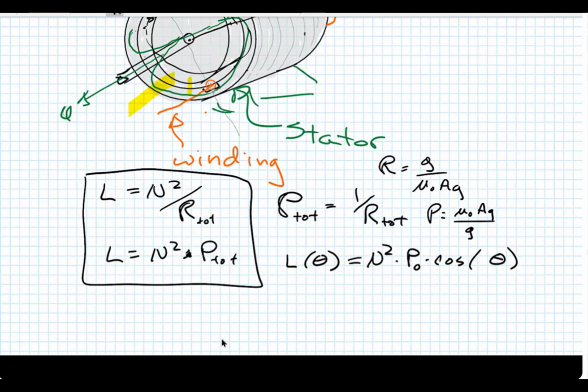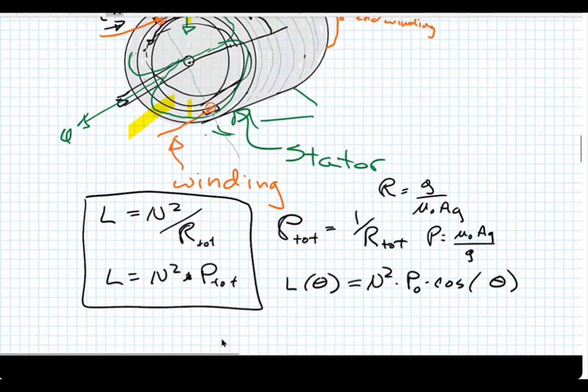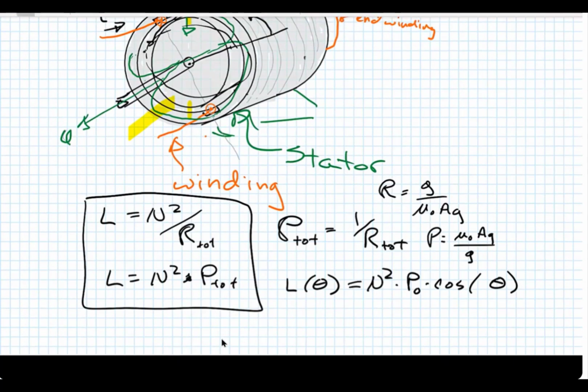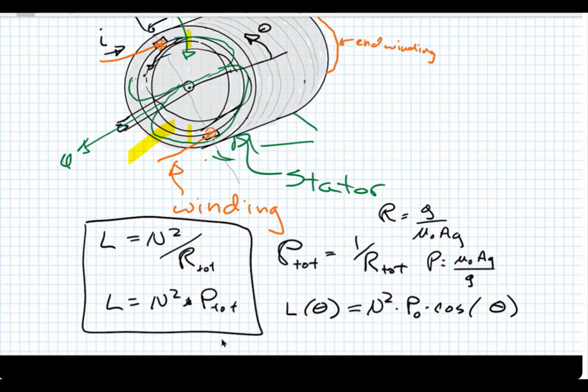Now how many times do you think, just looking at this thing, over 360 degrees, I'm going to see a maximum permeance and a minimum permeance? If you imagine the small gap, there's actually two gaps here.